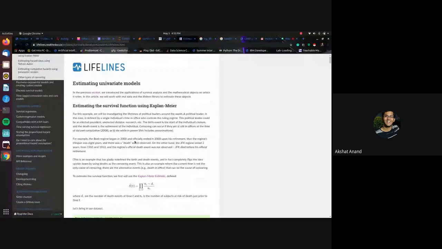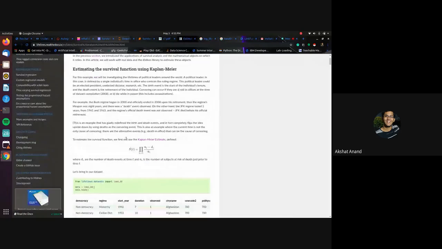So first we'll be discussing the Kaplan-Meier curve. Let's take an example: a political leader. We are investigating the lifetime of political leaders around the world.